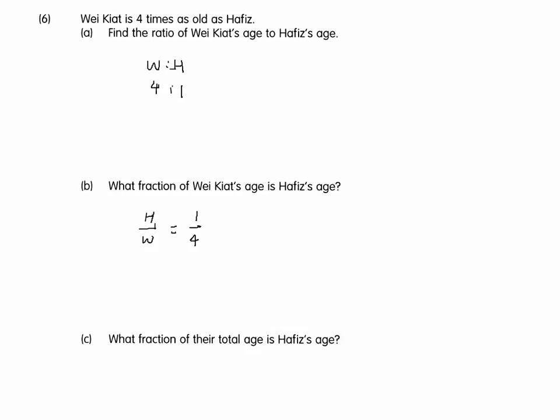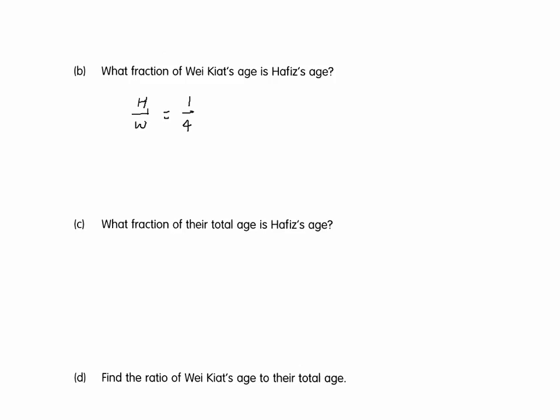If you are unclear, please clarify now, because normally every year this type of question, a lot of kids get it wrong. What fraction of the total age is Hafiz's age? Sky, for this part, is what over what? Hafiz over total.